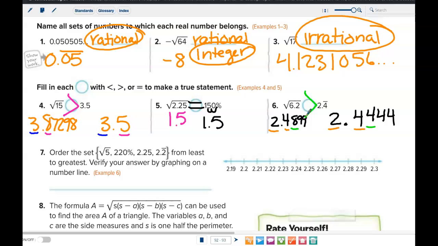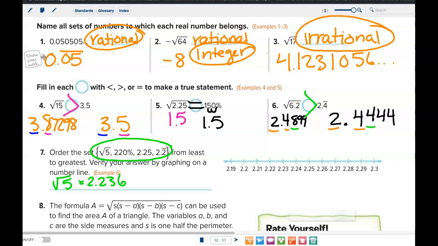On number 7, we're going to order the set from least to greatest. Remember, we need to write them on the number line using our original set. So we have the square root of 5, which is the same as 2.236, and it keeps going on.